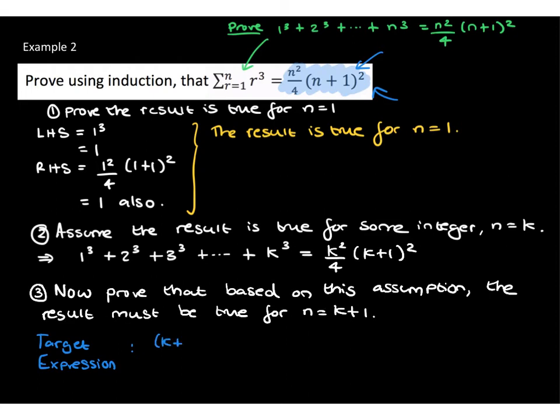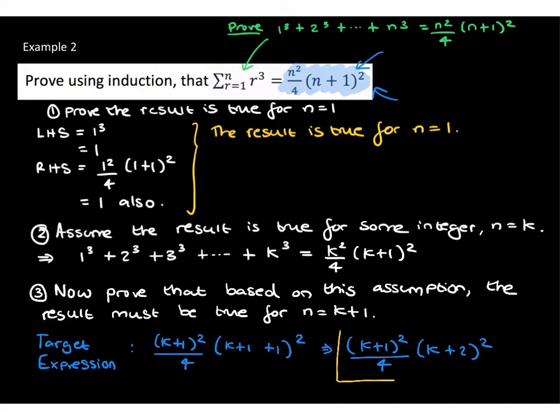So k plus 1 all squared over 4, and then k plus 1 all squared, which of course is the same as k plus 1 squared over 4, k plus 2 all squared. So if we get down to this result here, then we've achieved our target result.